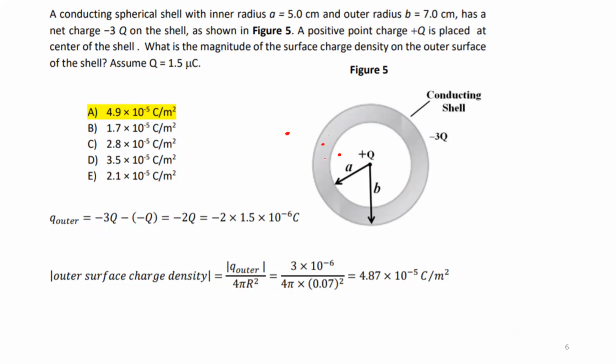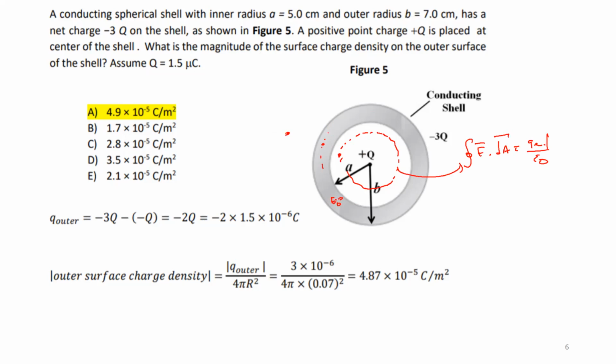Let's do it. So we are just applying what? Gauss's law. Let me choose this as my Gaussian surface. I know that the integral of E dot dA is just the charge enclosed divided by epsilon naught. I will apply it first to this Gaussian surface here, and second to the second Gaussian surface here. By the way, the electric field here is just 0, so I don't need to do anything.